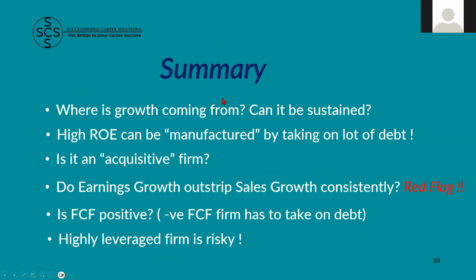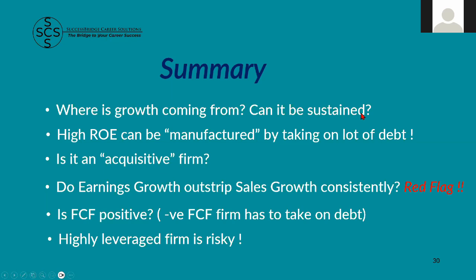So in summary, company analysis does not mean that you look at one or two aspects of how the company is run, but there are quite a few metrics which can give you an indication of how the company is performing. One of the typical questions that you must ask is, where is the growth coming from?